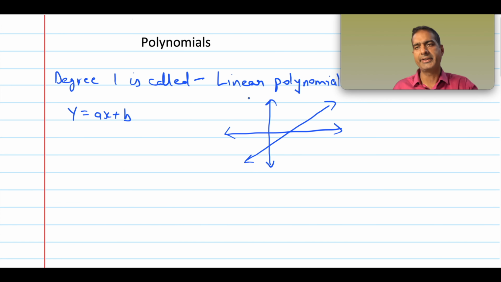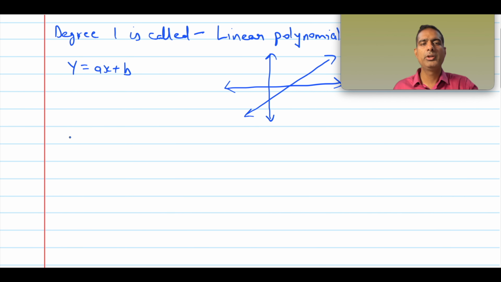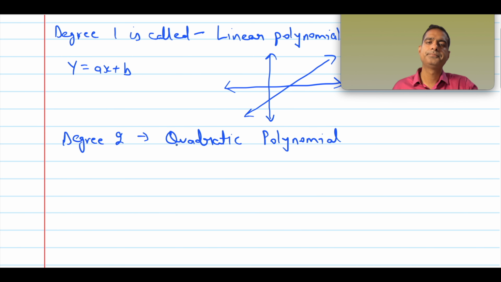Linear means straight. Now, a polynomial of degree 2, we call it a quadratic polynomial.